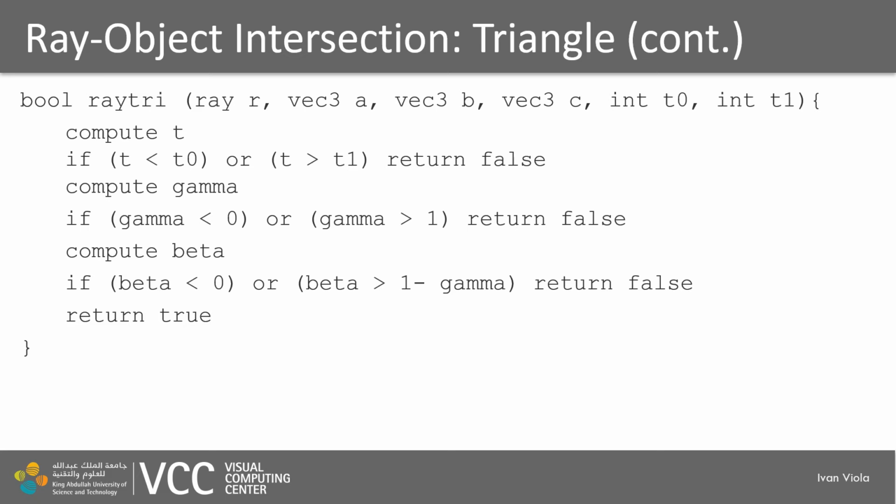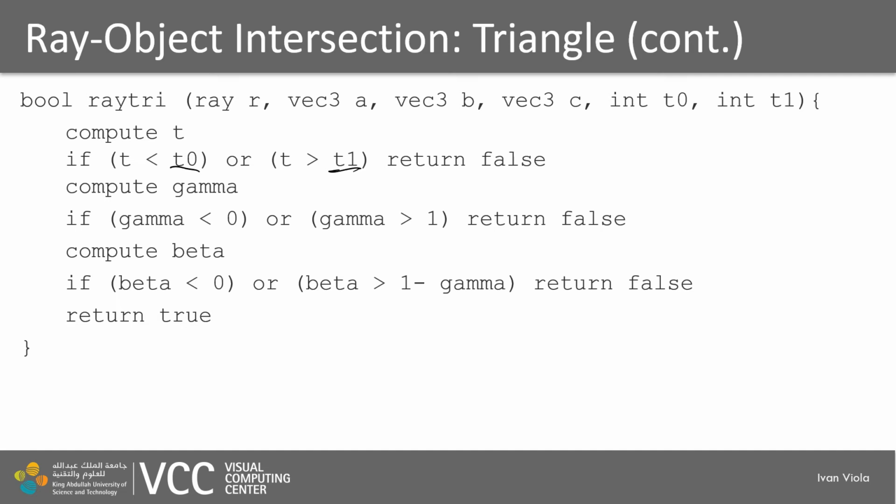For example, if we have our t parameter from the line only within a certain acceptable range between t0 and t1, because for example, the previous intersections with other objects have already defined this range, and if the intersection will be behind, let's say, t1, then this is no longer interesting.